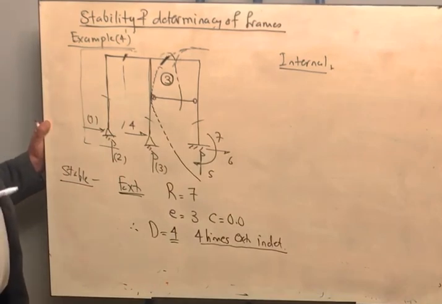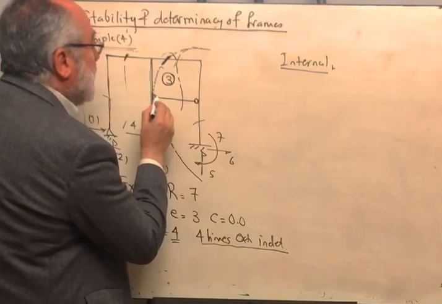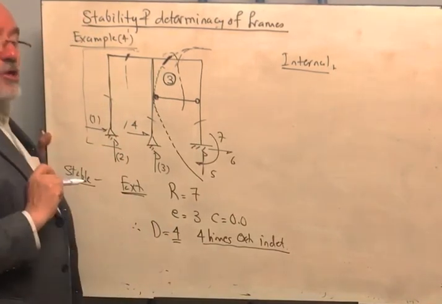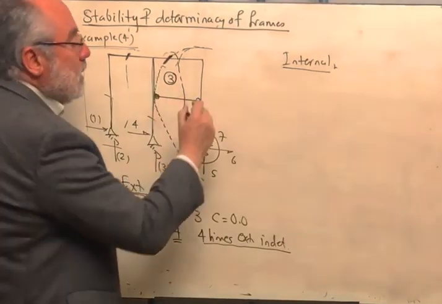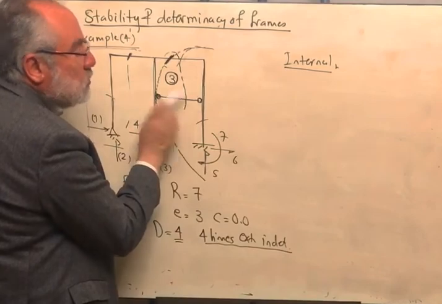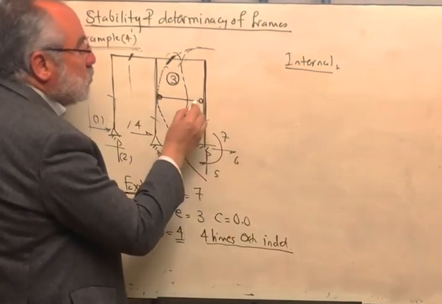But how many intermediate hinges do I have? I am having here an intermediate hinge and an intermediate hinge. This one is giving me how many condition equations? I'm having 2 connected members only. This is one member, because the hinge is not found in the member as in the previous example. We are having one member connected to another member here.